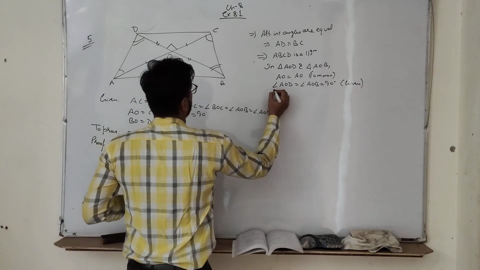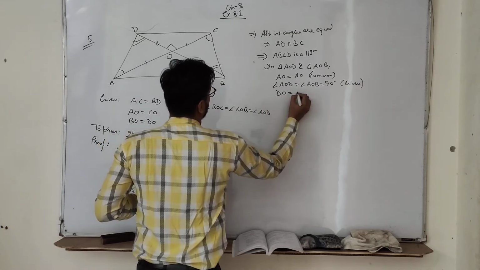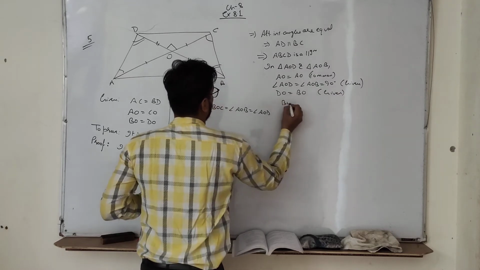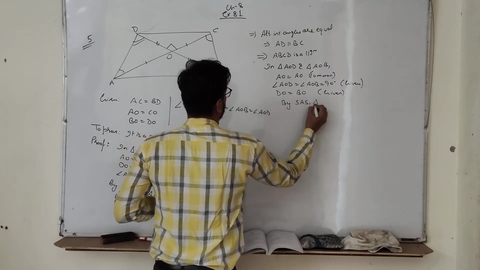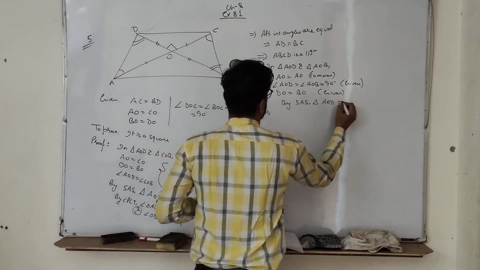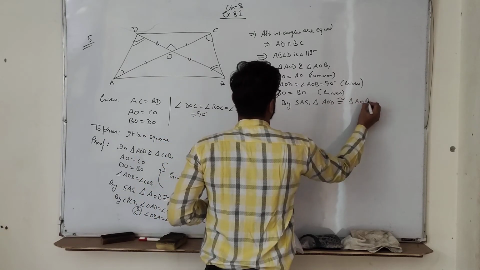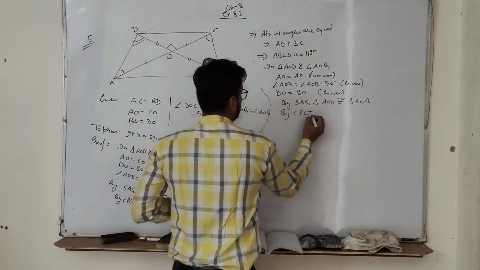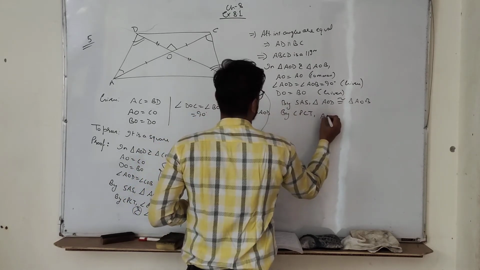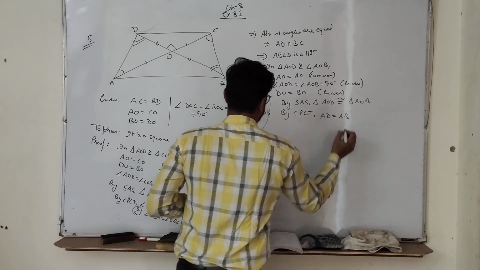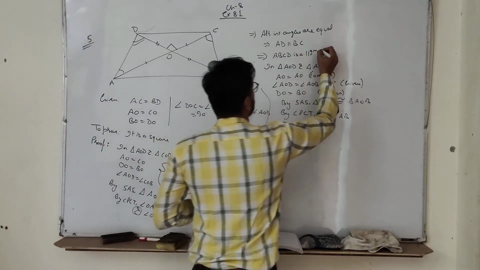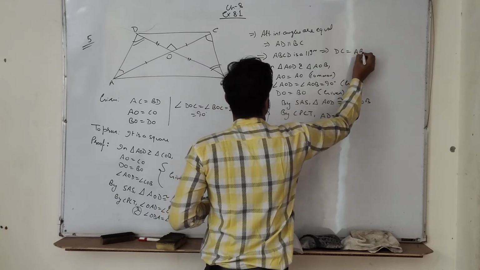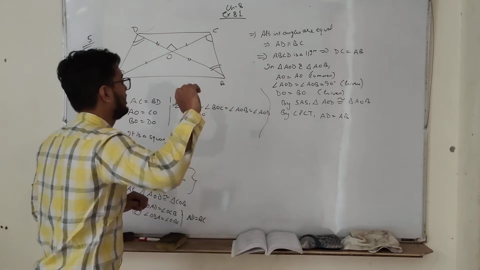Also DO is equal to BO, this is also given. So by SAS, triangle AOD is congruent to triangle AOB. So by CPCT, corresponding parts of congruent triangles, we can say AD is equal to AB, right? And since it is a parallelogram, opposite side DC is equal to AB also, sides of a parallelogram.